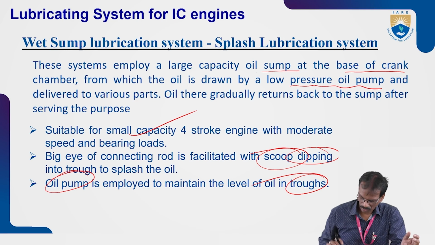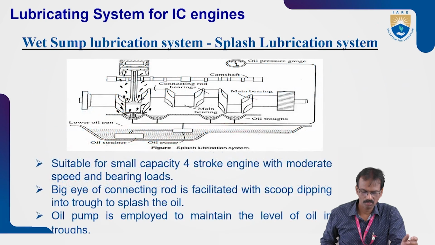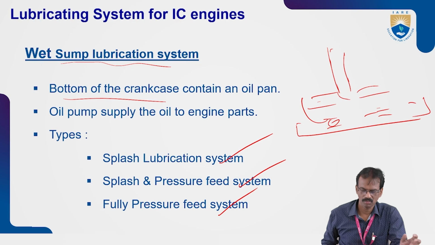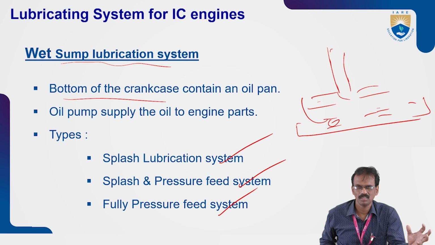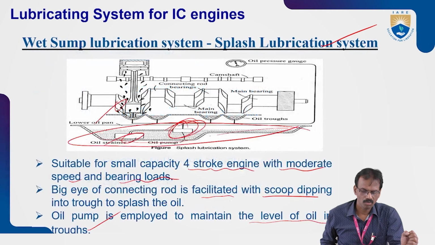In the different types of lubrication system, this one is called fully pressure due to the pressurizing of oil. So this system works like so. There is also the splash and pressure system, where the oil is pressurized, pushed or drawn, and delivered onto the engine parts.